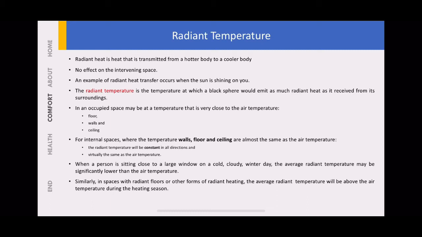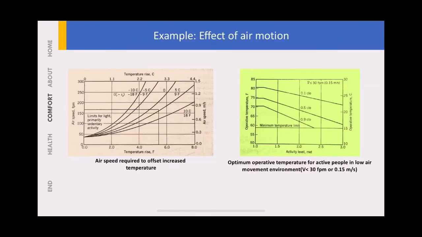For example, radiant heat transfer occurs when the sun is shining on you or shining on the wall outside of your house. For example, you are staying in a room and your friend is staying in a room on your right. The sun rises on his or her place and sets on your side. That means your room is facing the sunset. Then it will be very hot compared to your friend who is staying in a room which is facing the east.